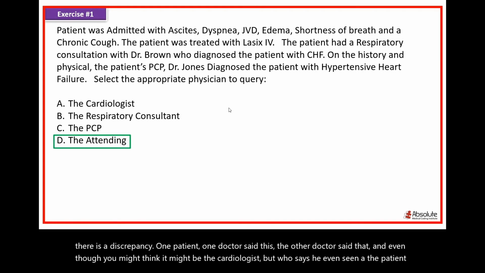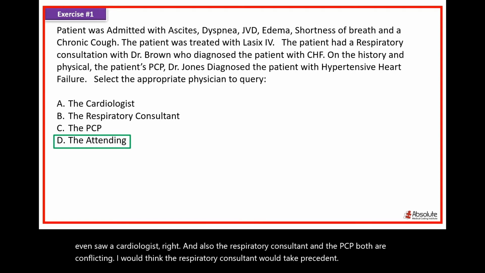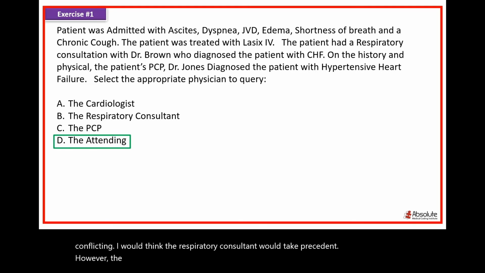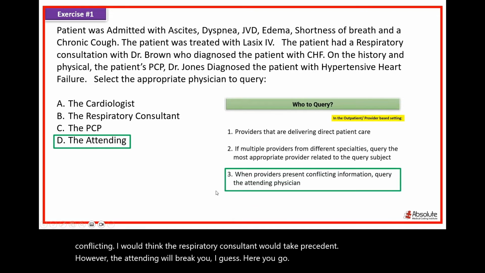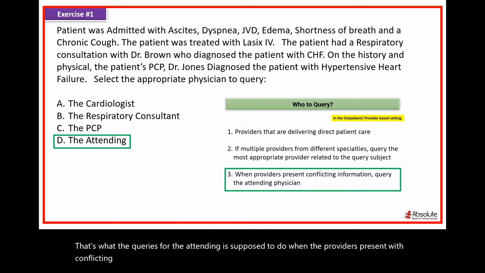Also, the respiratory consultant and the PCP are conflicting. I would think the respiratory consultant would take precedence. However, the attending will break the tie. That's what the attending is supposed to do when the providers present conflicting information. All right. Are you all with me?